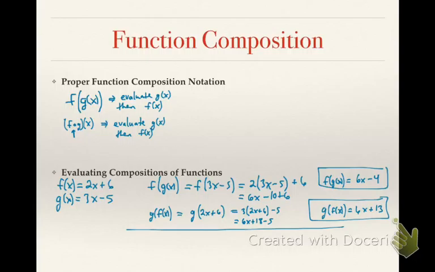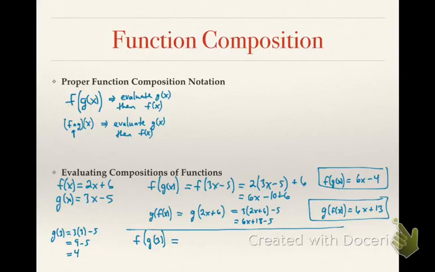Okay, now looking at evaluating at values, say I say, let's do f of g of 3. You still have to do the same thing. You have to evaluate g first at 3. So I'm going to do that on the side. g of 3 is 3 times 3 minus 5, 9 minus 5, which is 4.